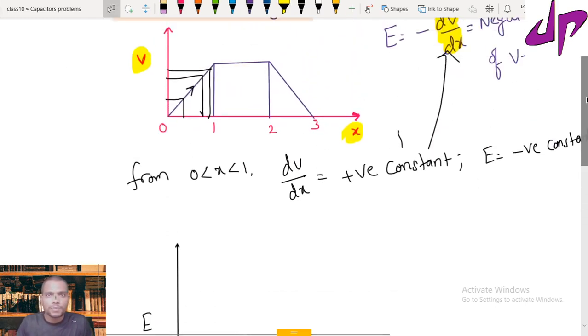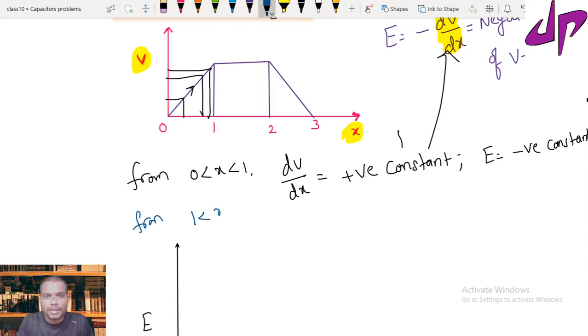Now let's see what happens in the next case, 1 less than x less than 2. Here we can see the potential is constant, a straight line. So dV by dx is the derivative of a constant.